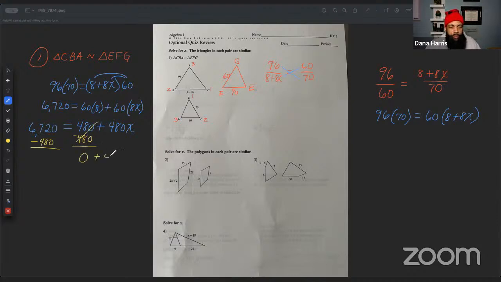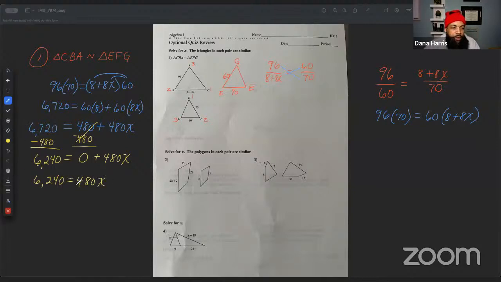So I'm left with just the 480x over there. And then 6,720 minus 480 gives me 6,240. So now we can rewrite this. I don't have to write that 0. I could say 6,240 is equal to 480 times x.